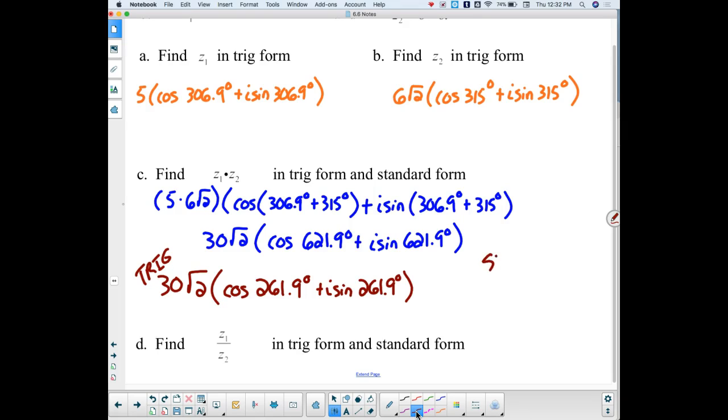Standard, if we actually multiply them out, would be -6 minus 42i. And you could also get that by distributing 30 square roots of 2 and then multiplying it by the cosine of that.